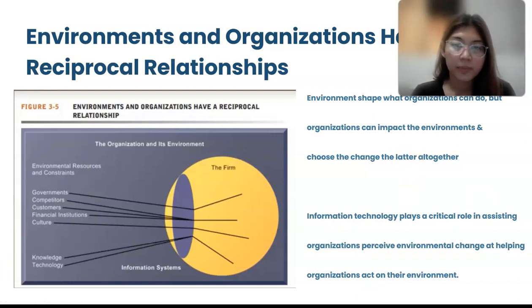As you can see, the environmental resources and constraints, like, for example, the government, competitors, customers, financial institutions, and culture, affect the firm, as well as the knowledge and technology by producing information systems.